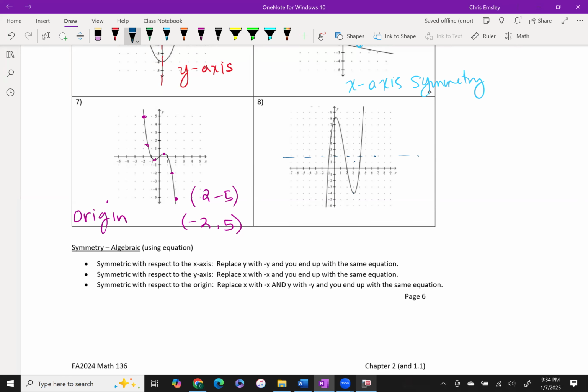Well, this point here does not also have a point above, so that doesn't really do anything for me. What if I tried to split it down the middle this way? The points don't match up there either, and they definitely don't match up on either side of the x-axis or the y-axis. So this one actually has no symmetry.